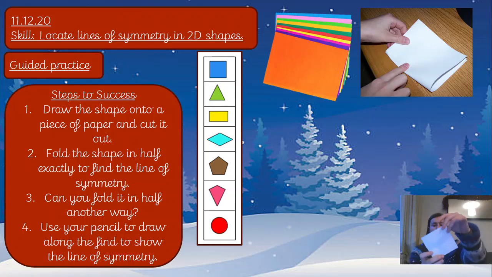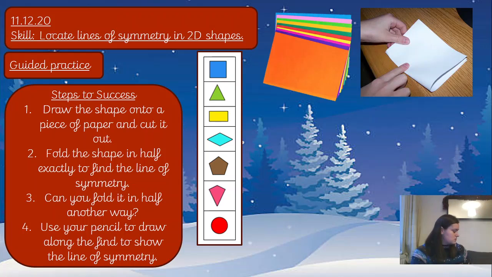So when you open it up, again, we've got another line of symmetry down there. And finally, because it's a square, I know that there should be one more line of symmetry down the other way. So hopefully you've got a triangle on one side, a triangle on the other side, and you should now have your four lines of symmetry, one down, one across, and two diagonal lines.